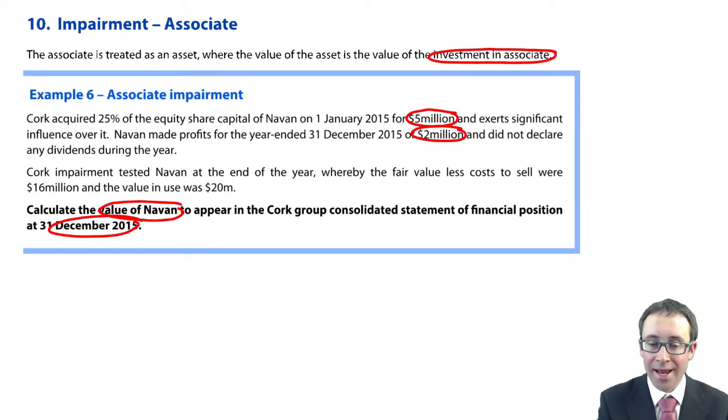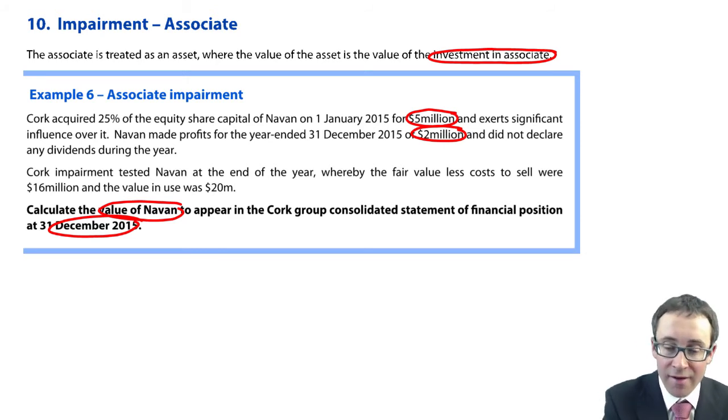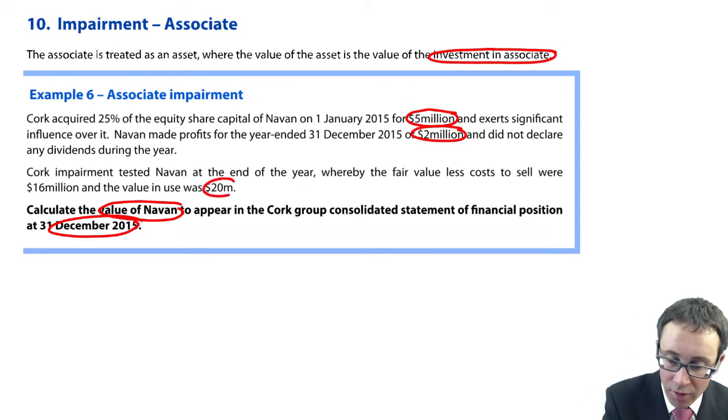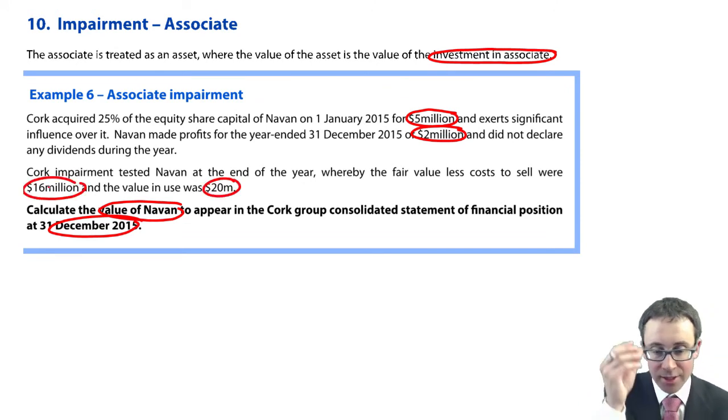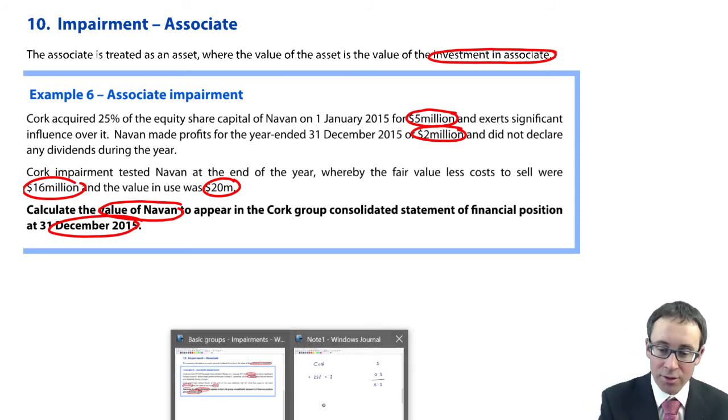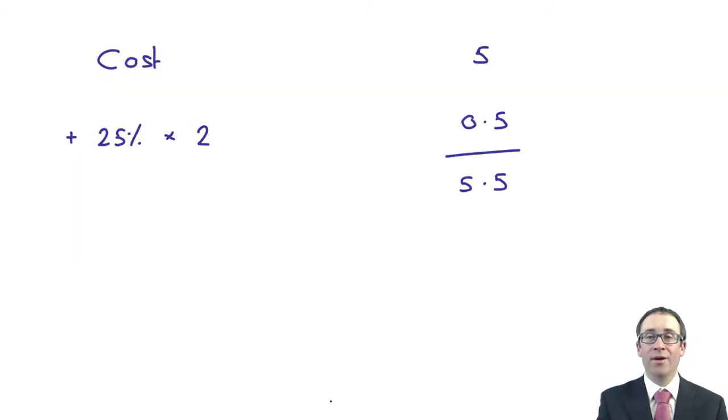Cork impairment tested NAVN at the end of the year, whereby the fair value less cost to sell was 16. The value in use was there as 20, wasn't it? Now, you've got to be careful there that you don't just throw in the 16 million and the 20 million and say, well, the higher of the two is the 20. The carrying value isn't greater than that 20 million, and therefore it's not impaired.